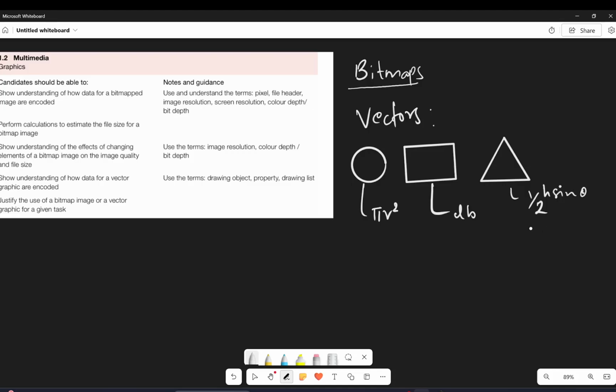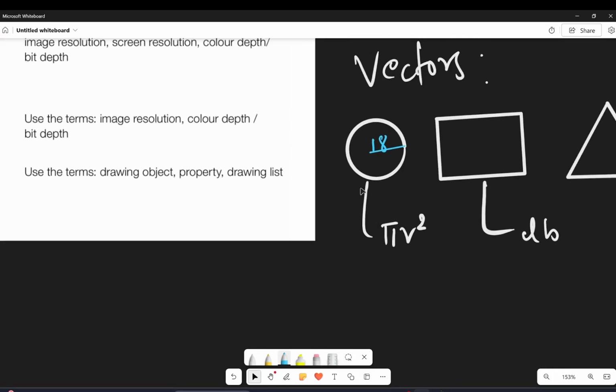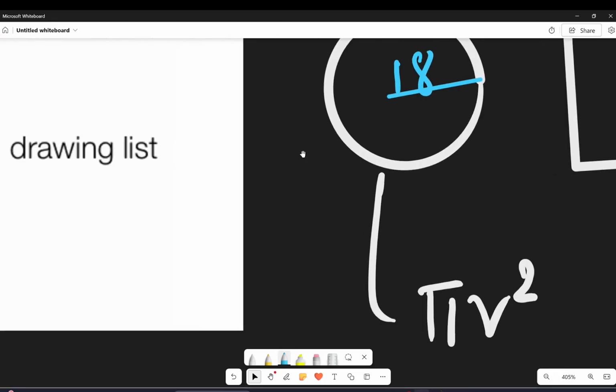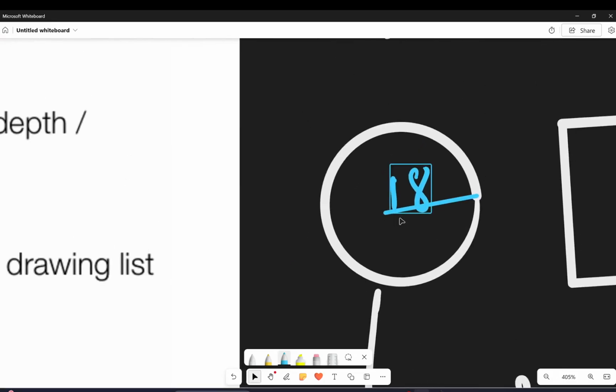So whenever we're zooming in and zooming out, these dimensions or the length of pixels can be adjusted. For instance, right now the radius of this circle could be 18 pixels. If I zoom in, definitely the number of pixels has increased, right?